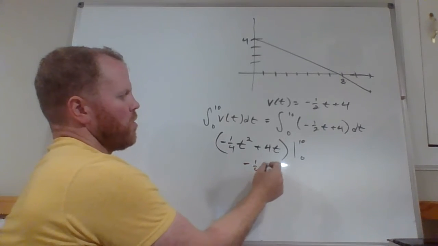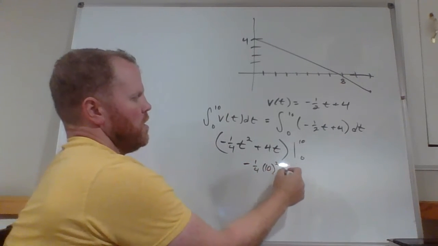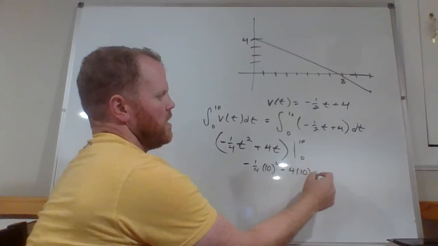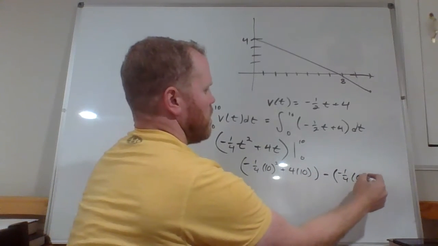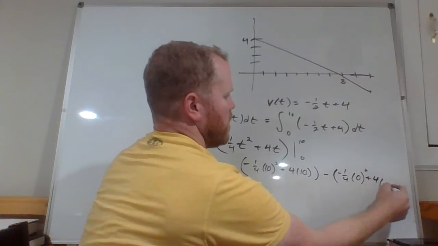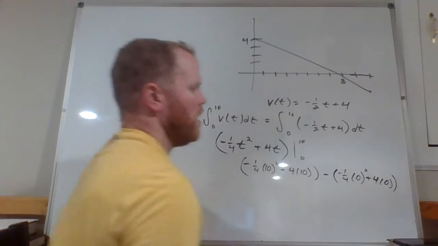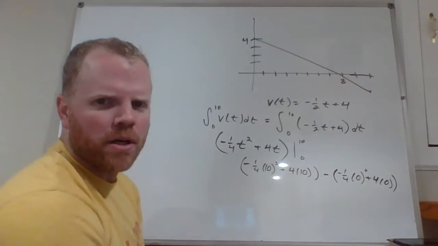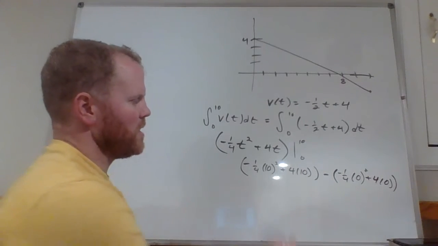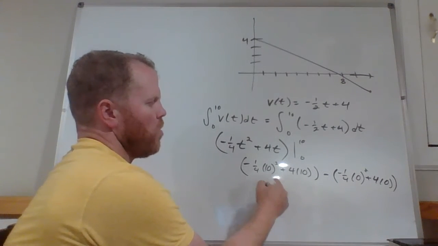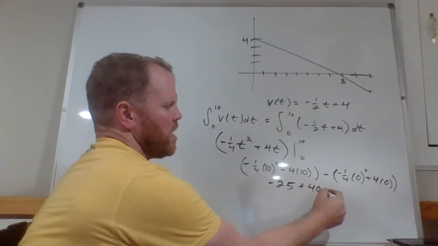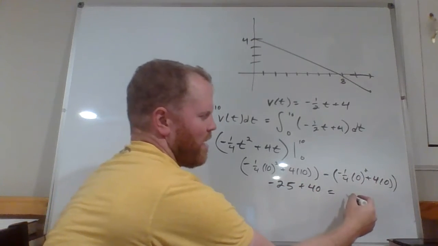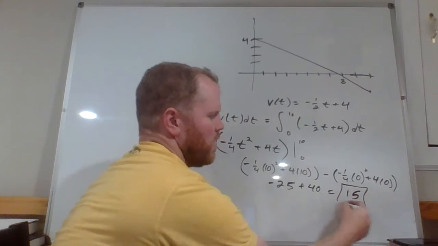So we get -1/4 of 10 squared, plus 4 times 10, minus -1/4 of 0 squared, plus 4 times 0. And that's useless on the end because we're just plugging in a bunch of zeros, and that's just going to get me 0. So this should be -1/4 of 100, so that's -25, plus 4 times 10, that's 40. We don't even really have to do that calculation. Should get 15.